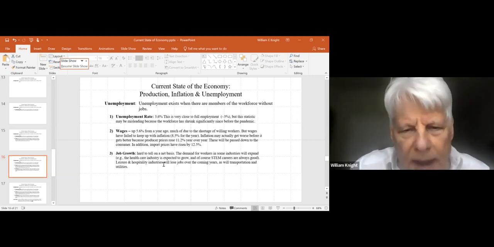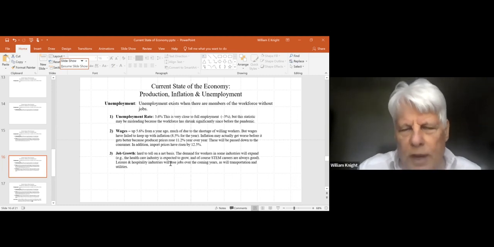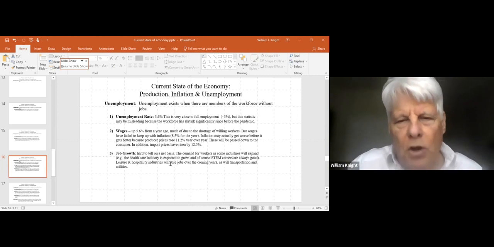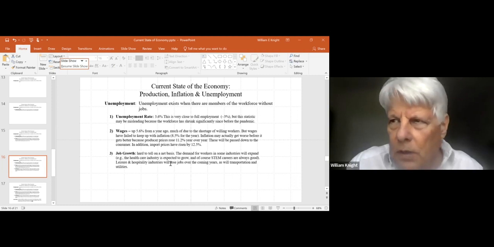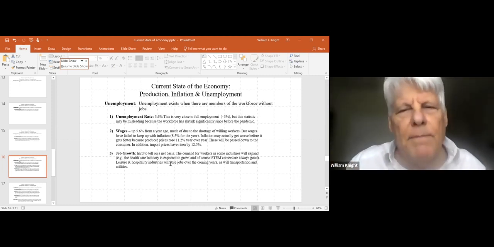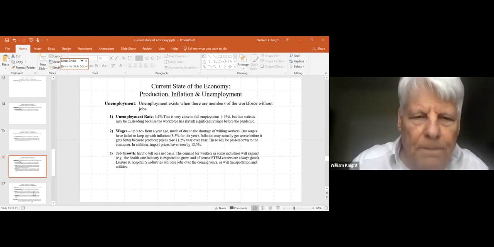But leisure and hospitality industries will lose jobs over the coming years, as will transportation and utilities. So you kind of want to stay away from those things. But on a net basis, it's very, very difficult to tell what's going to happen to job growth. Unemployment rate is 3.6%, but once again, that may be accurate due to the low workforce participation rate.